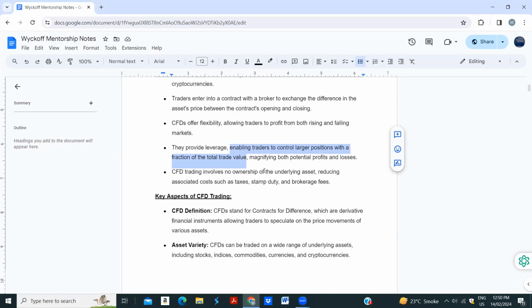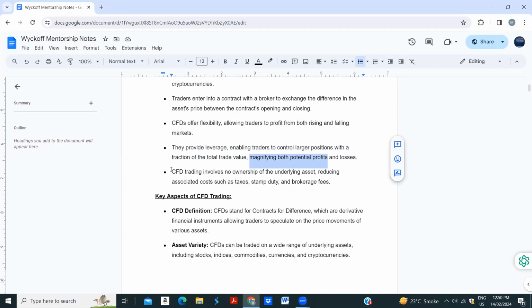What happens is that you magnify the profits, but also the losses as well. If you don't have a solid risk management technique, you will sustain heavy losses when you are utilizing leverage, or when you are trading on a margin.